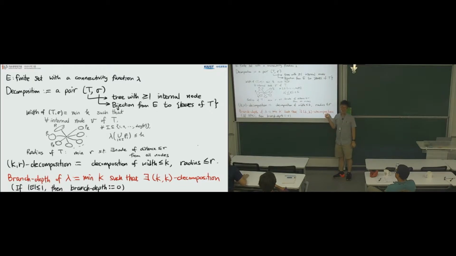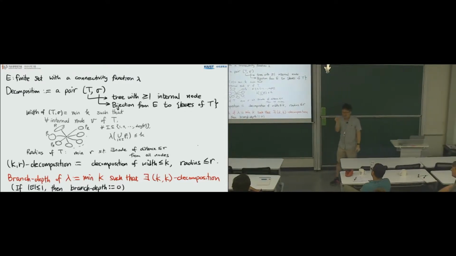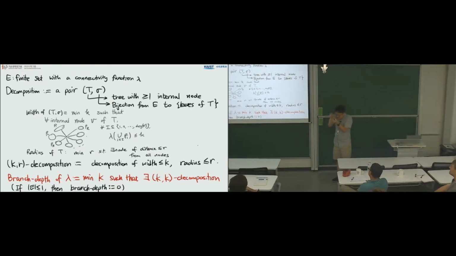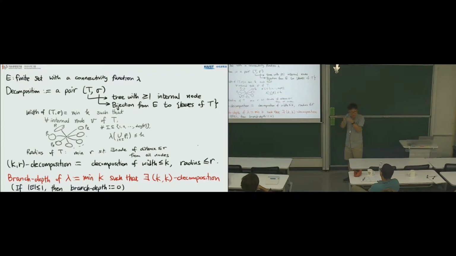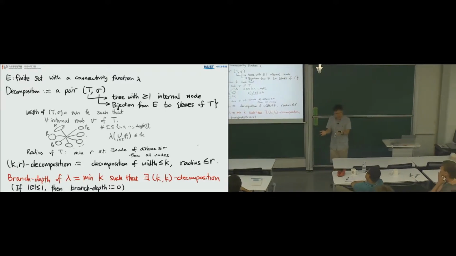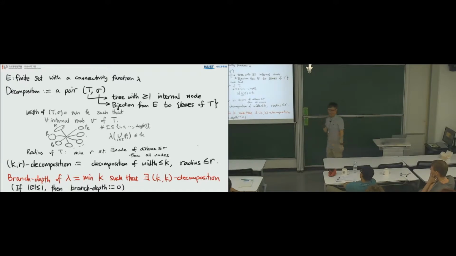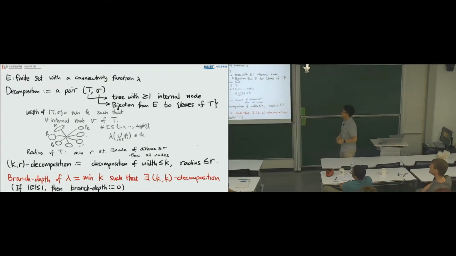So you want to find a tree with a labeling of the leaves so that no matter how we split an internal node into two, the connectivity function value is at most k and the radius is at most k. So that's the branch depth.